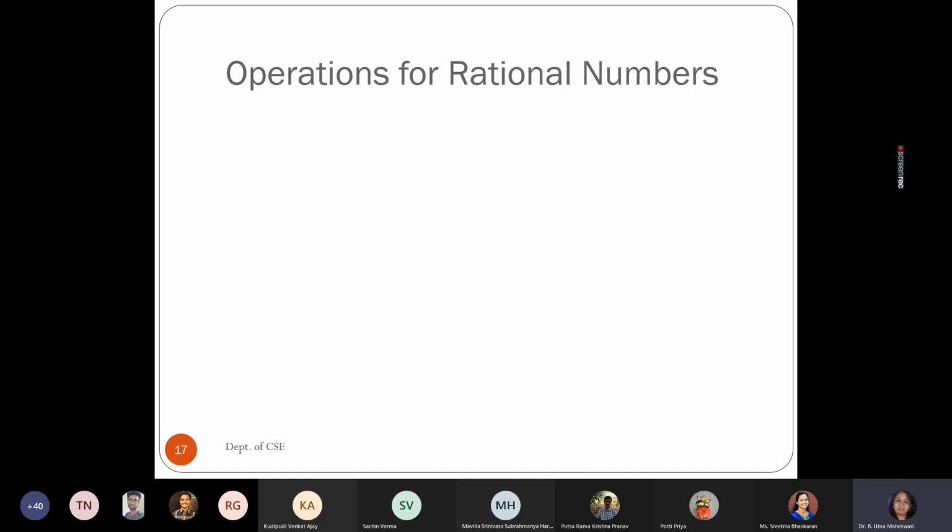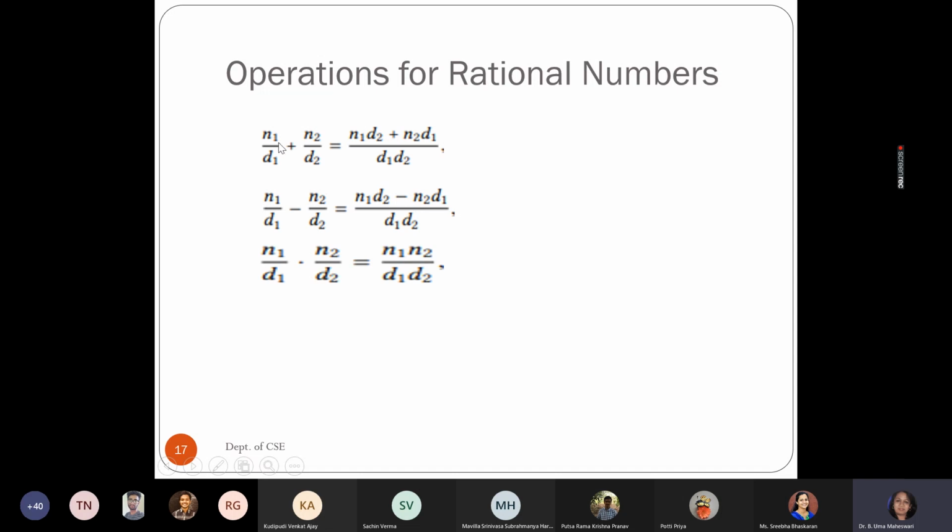What I said earlier: performing operations on rational numbers. The first operation I can do is addition, right? Given rational numbers n1/d1 and n2/d2, you have to add them. This is what you will do: numerator of the first rational number multiplied with denominator of the second, plus numerator of the second multiplied with denominator of the first, divided by the product of the denominators.